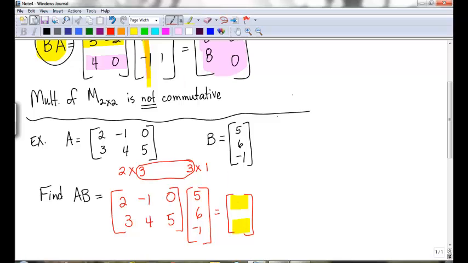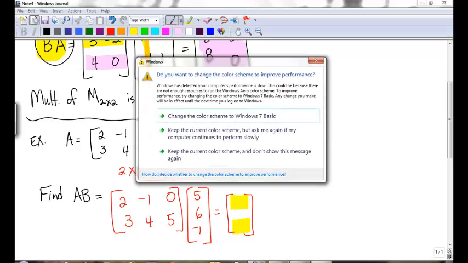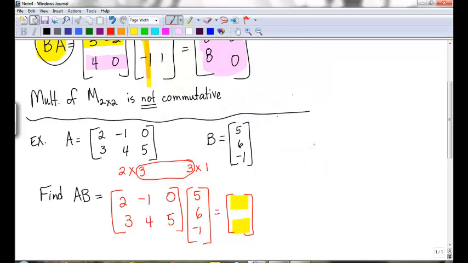Now when you multiply, on the left hand you're going across, right hand you're going down. So multiply. 2 times 5 would be 10. Negative 1 times 6. Add them together. Then multiply 0 times negative 1, which would be 0. And our final answer is 4.